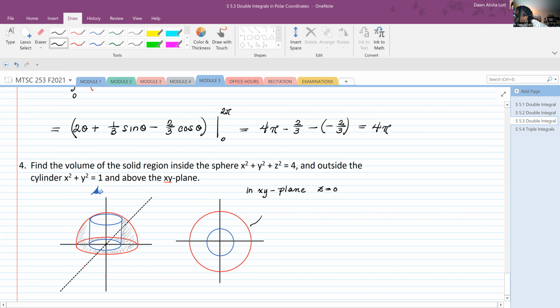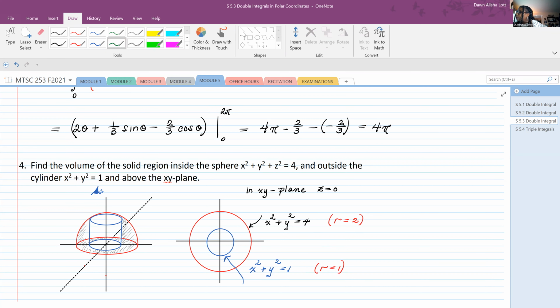So this outer circle becomes x squared plus y squared is equal to 4. And the inner circle is x squared plus y squared is equal to 1. So this one is r equals 2, and this one is r equals 1. So the area that I want, R starts here and goes there.